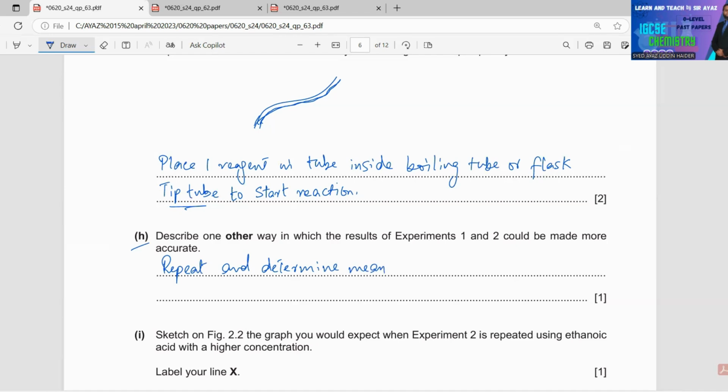Or you can use a burette, because in case of a burette you have high accuracy. In this case, volume will be more accurate.